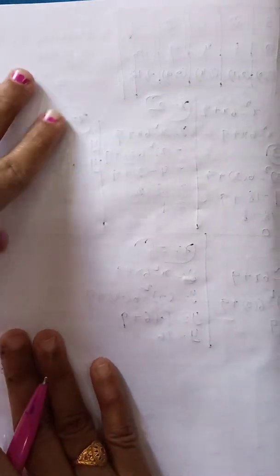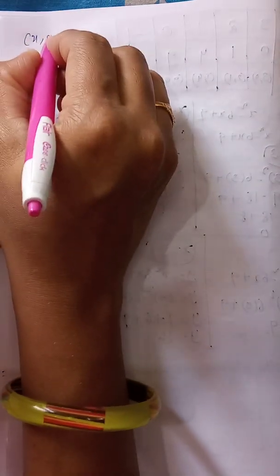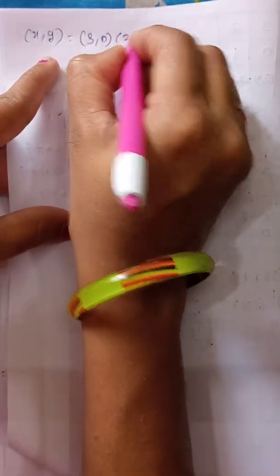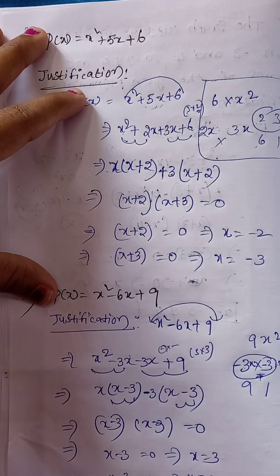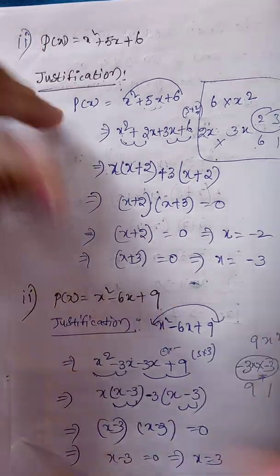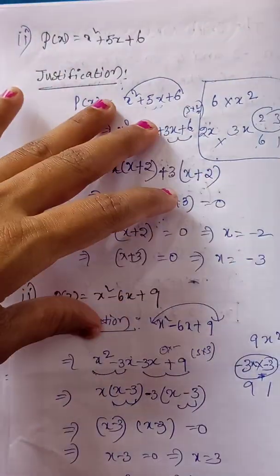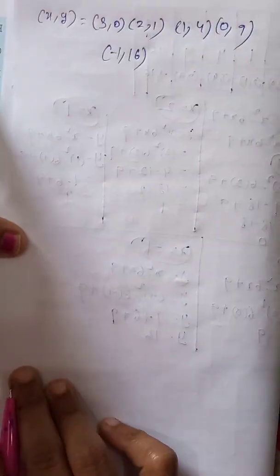On the graph, if these values intersect the x-axis, we can say those are the zeros of this polynomial. So now write all x and y values here.